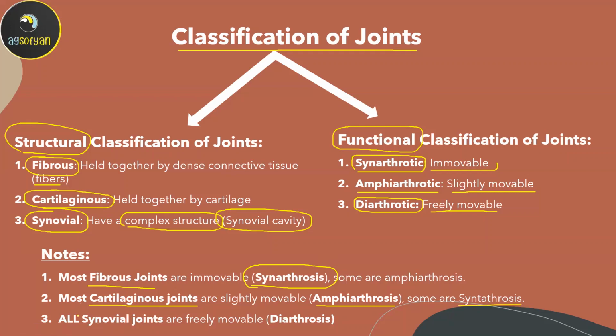And of course, the last one, the synovial joint, which is the joint that we know usually. This is the one that gives diarthrosis, or freely movable joint. So just remember this: all synovial joints are diarthrosis. They are freely movable joints.